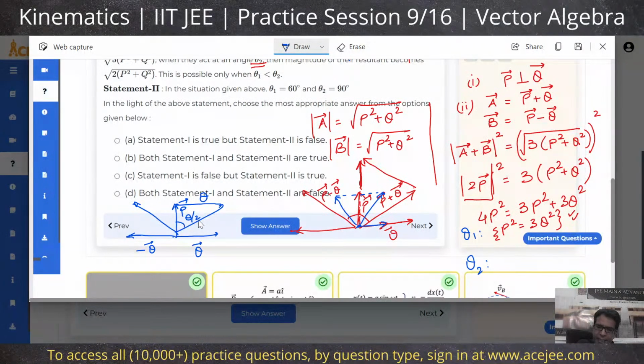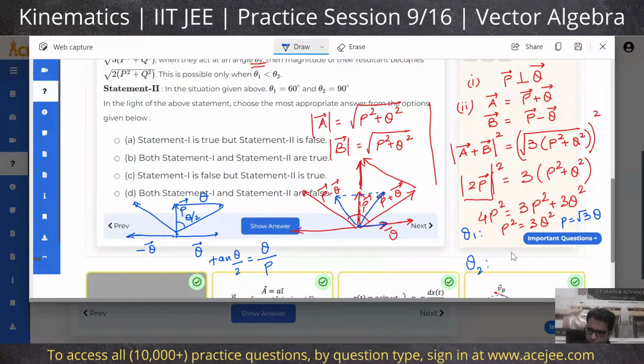So if you look at tan of theta by 2, what is tan of theta by 2? Tan of theta by 2 is Q by P. Now here in this one, you got the relationship between magnitude of P and magnitude of Q. What is that relationship? P is equal to square root 3 Q.